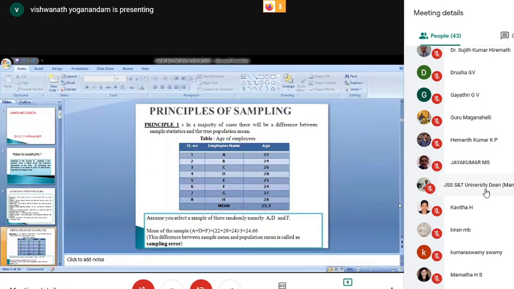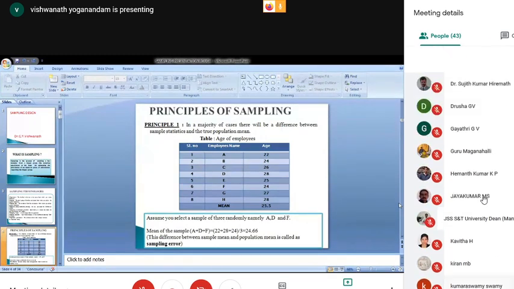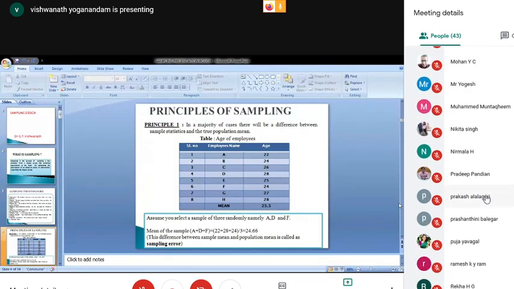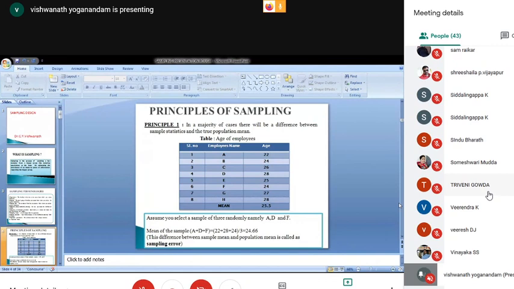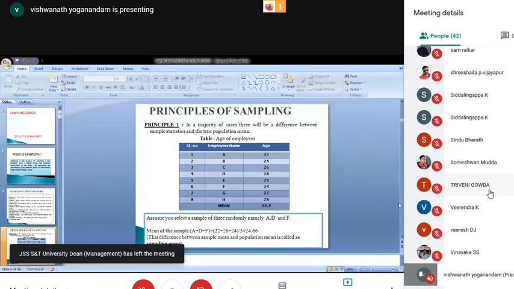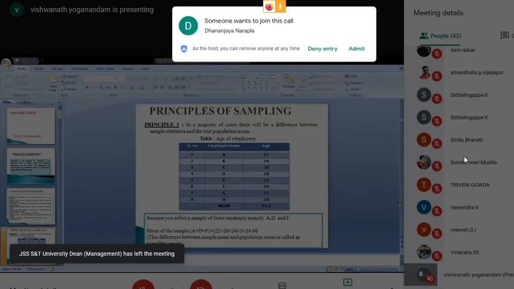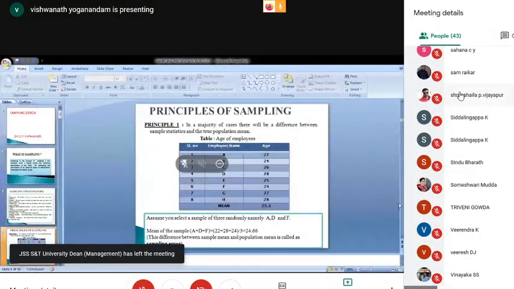Let me repeat it. In a majority of cases, there will be a difference between sample statistics and the true population. For example, assume there are 50 students in a class having height between say 150 to 170 centimeters.